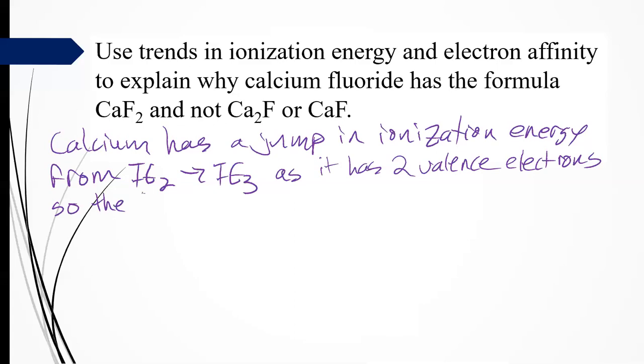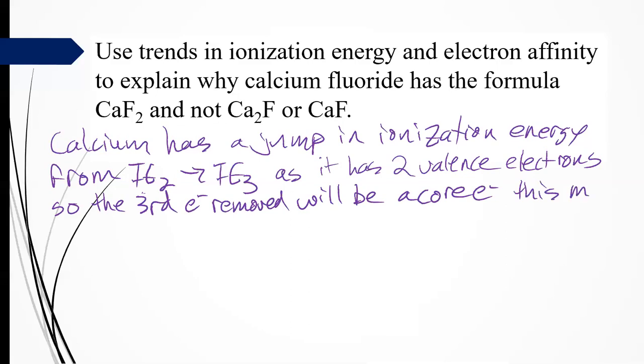So the third electron removed will be a core electron. This means it prefers to make a 2+ cation.